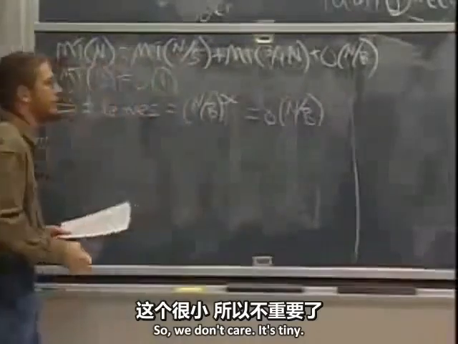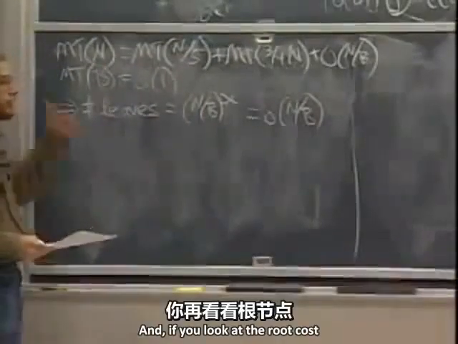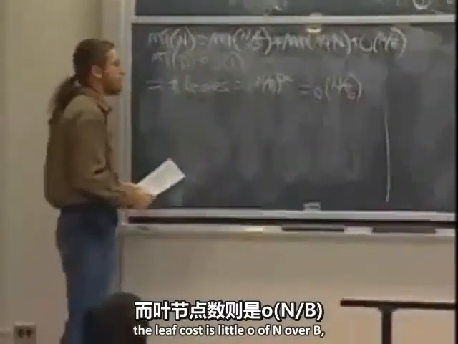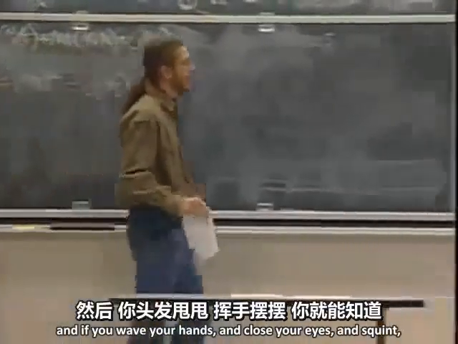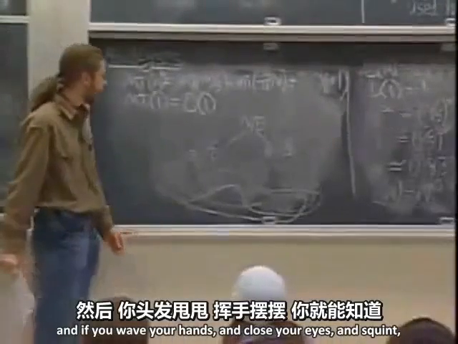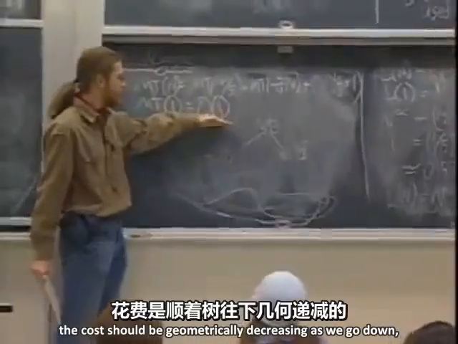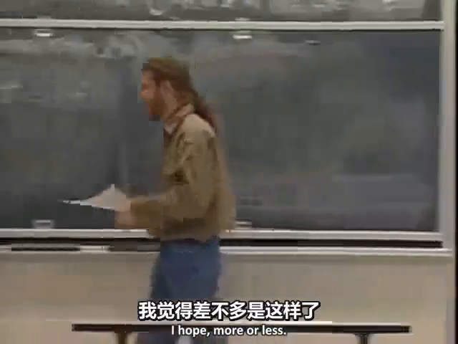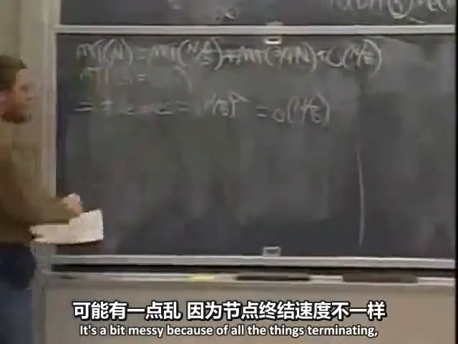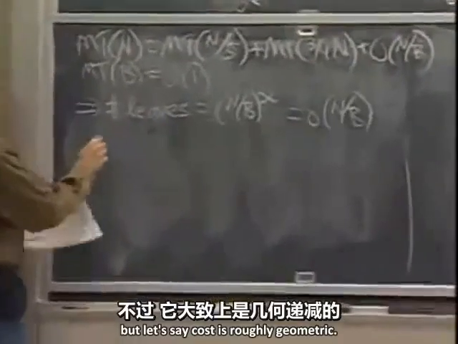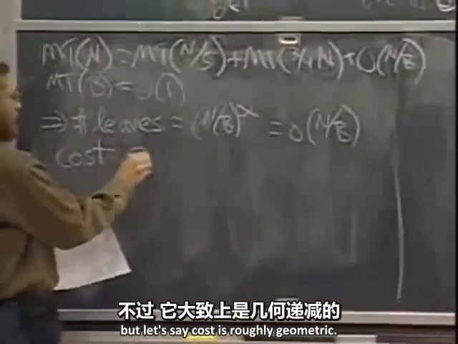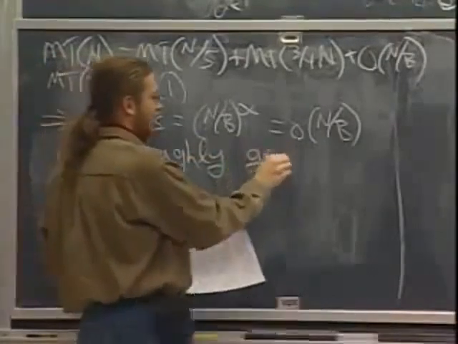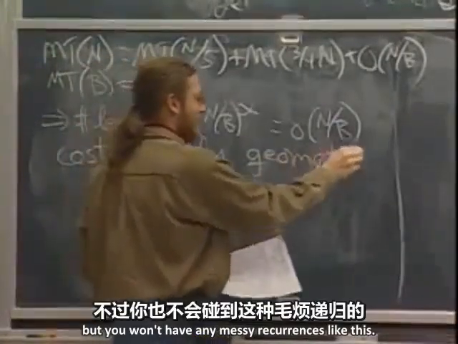It's tiny. And the root cost is n over b in the recursion tree. The leaf cost is little o of n over b. And if you wave your hands and close your eyes and squint, the cost should be geometrically decreasing as we go down, I hope, more or less. It's a bit messy because of all the things terminating. But let's say cost is roughly geometric. Don't do this in a final, but you won't have any messy recurrences like this.